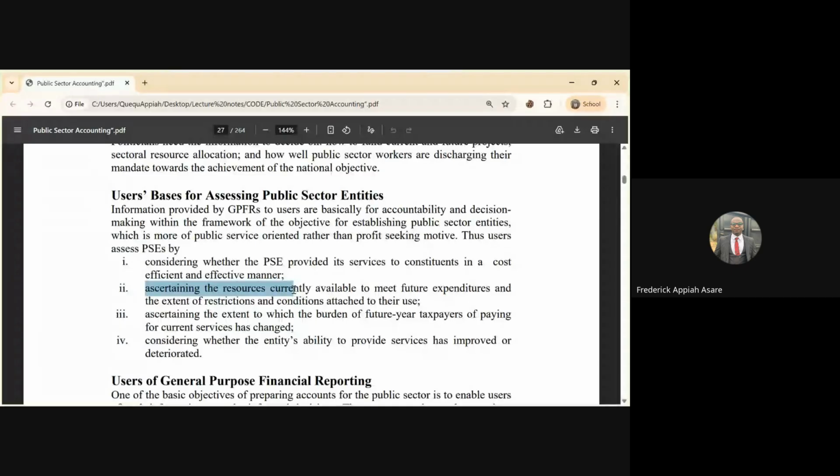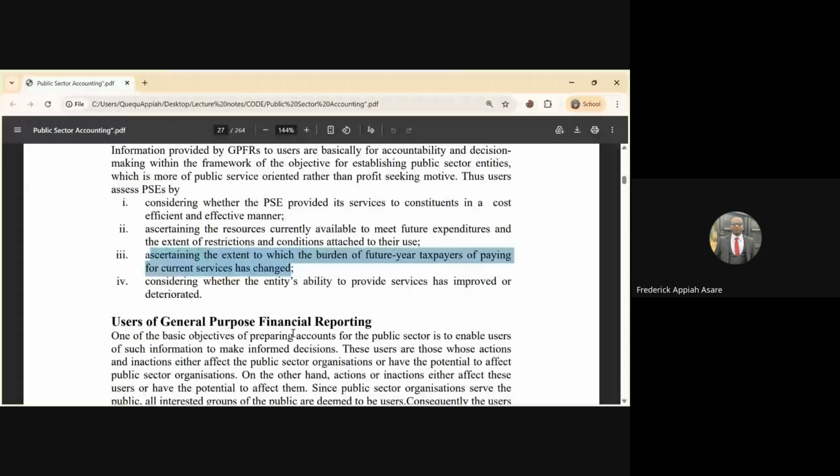Two, ascertaining the resources currently available to meet future expenditure and any restrictions. Three, ascertaining the extent to which the burden of paying for current services falls on future year taxpayers. And finally, considering whether the entity's ability to provide services has improved or deteriorated.